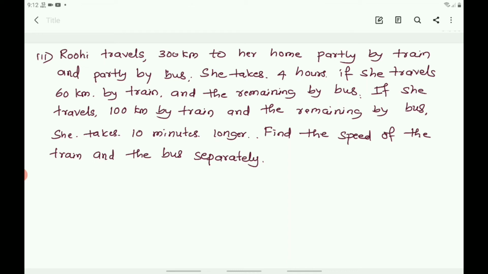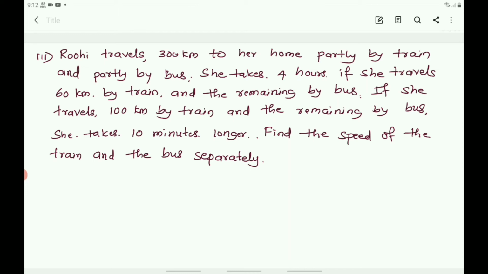In the second case, when she travels 100 km by train and the remaining 300 minus 100, that is 200 km by bus, the time taken is 4 hours 10 minutes. 10 minutes longer means that it becomes 4 hours 10 minutes.